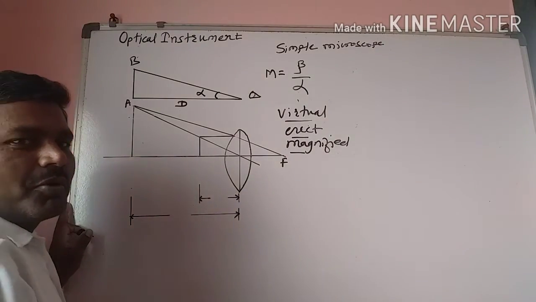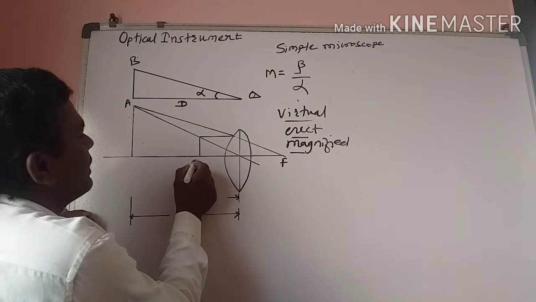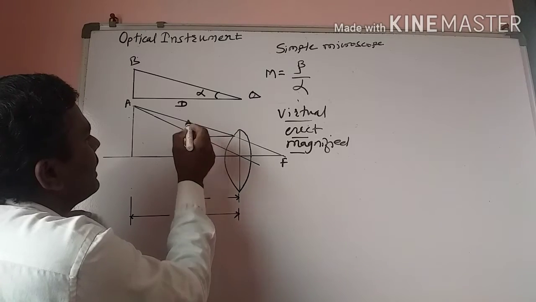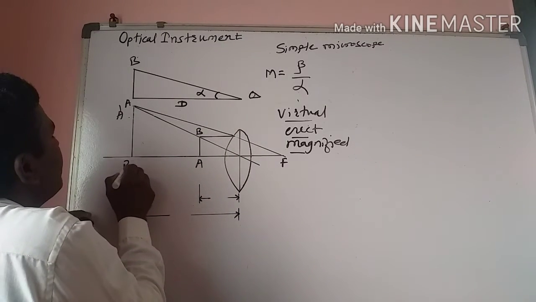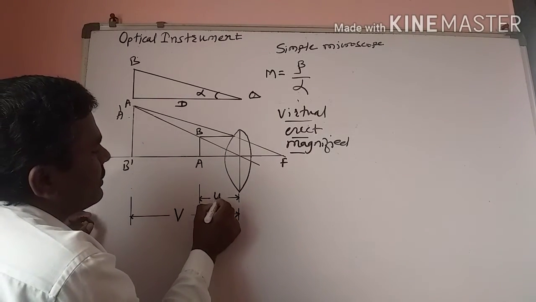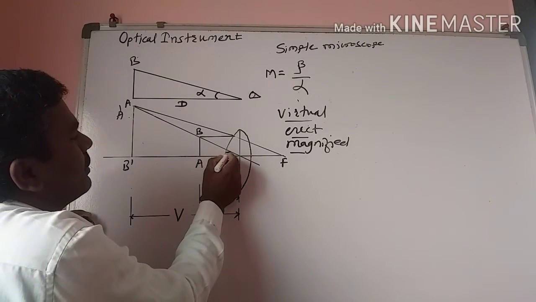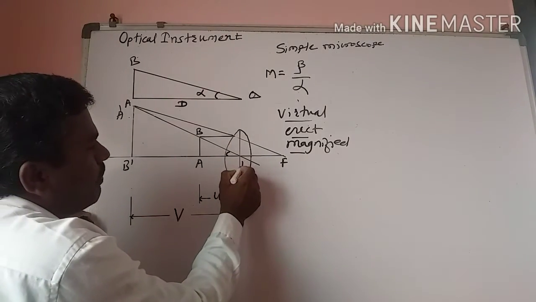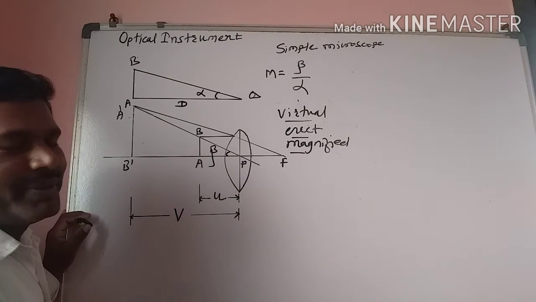Here we consider the object AB, and its image is A dash B dash. Image distance is denoted by V and object distance is denoted by U. The angle made by the image is the visual angle made by that image, that is beta.